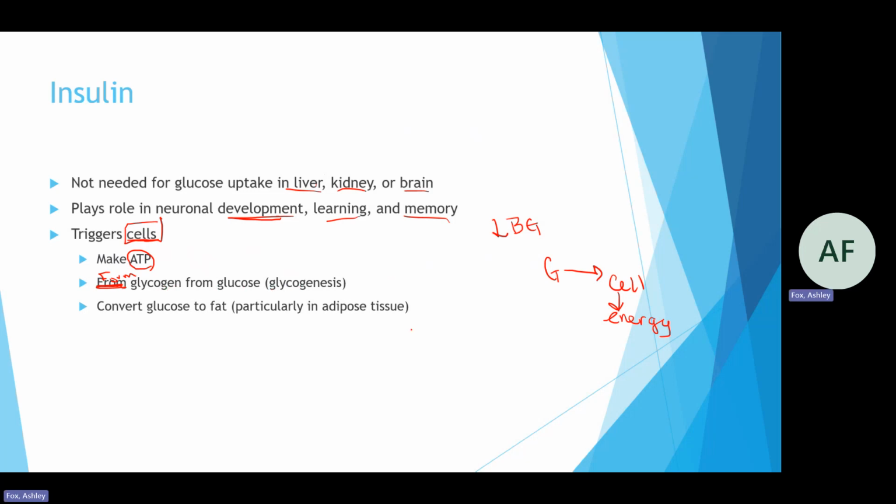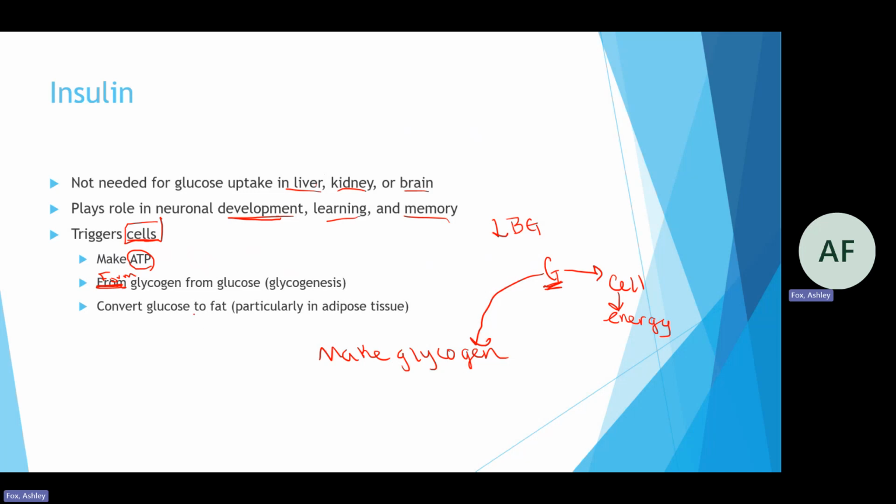So with glucagon, you're breaking down glycogen. In insulin, you make glycogen. So you're taking any excess glucose that you do not need to make ATP and energy, and you are going to store it for later. So you'll make glycogen with the glucose.